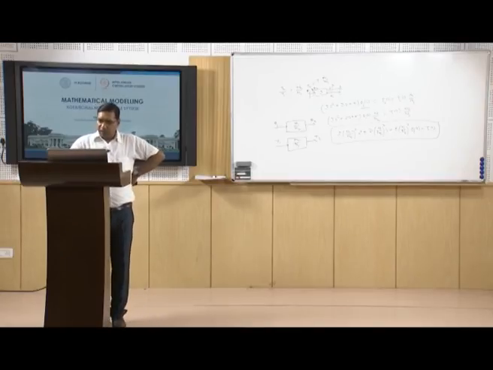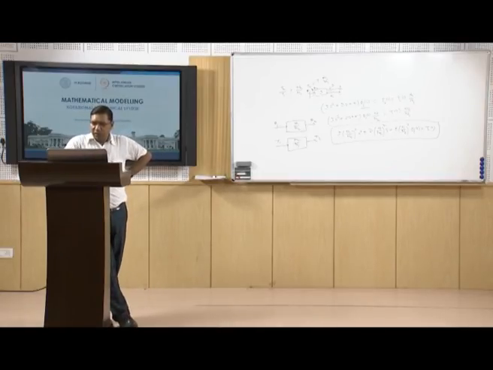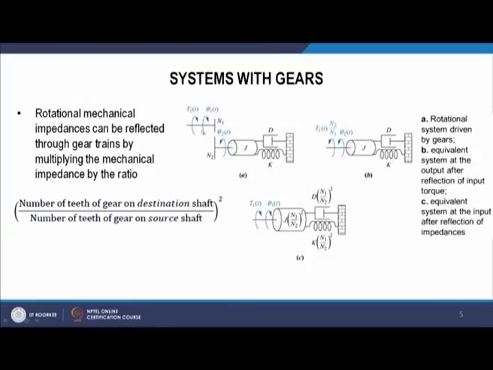And we can see that we can represent this system as we transferred the impedance of the gear train as well as this system onto the input shaft, because this input shaft is subjected to torque T1 and angular displacement theta 1 t, and the impedances of the components on the second shaft as well as this gear train are all transferred to the input shaft.